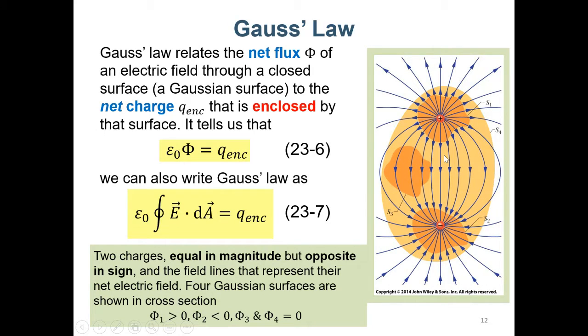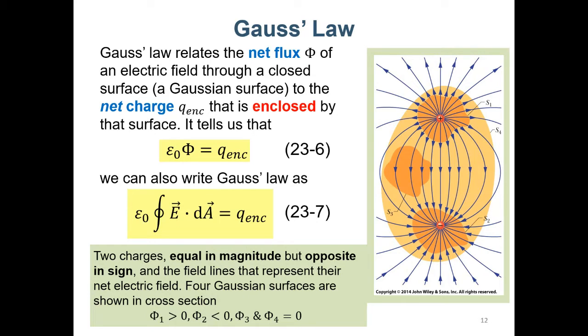So actually, this is what we call Gauss's Law. Gauss's Law relates the net flux phi of an electric field through a closed surface, which we call a Gaussian surface, to the net charge Q enclosed by the surface.